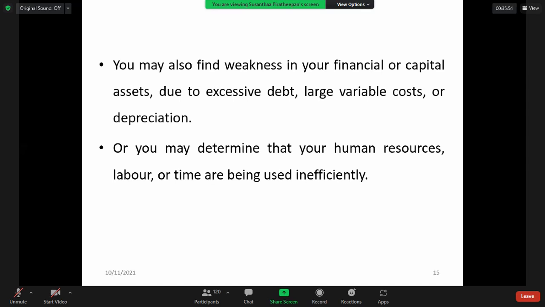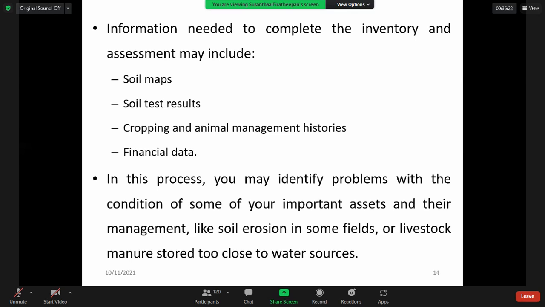Or you may determine whether your human resources, labor or time are used efficiently or inefficiently. According to the inventory assessment, you can find the problems and weaknesses related to your farm and the farm resources. These are the things we usually do under step 2.